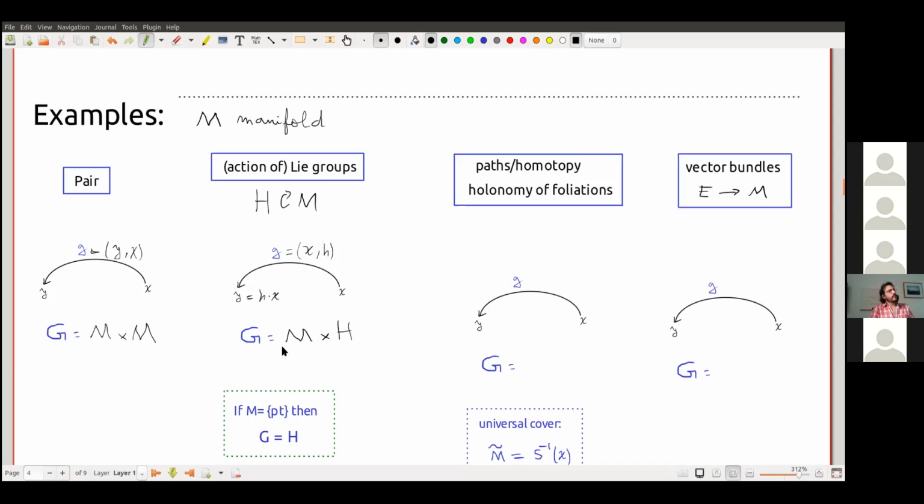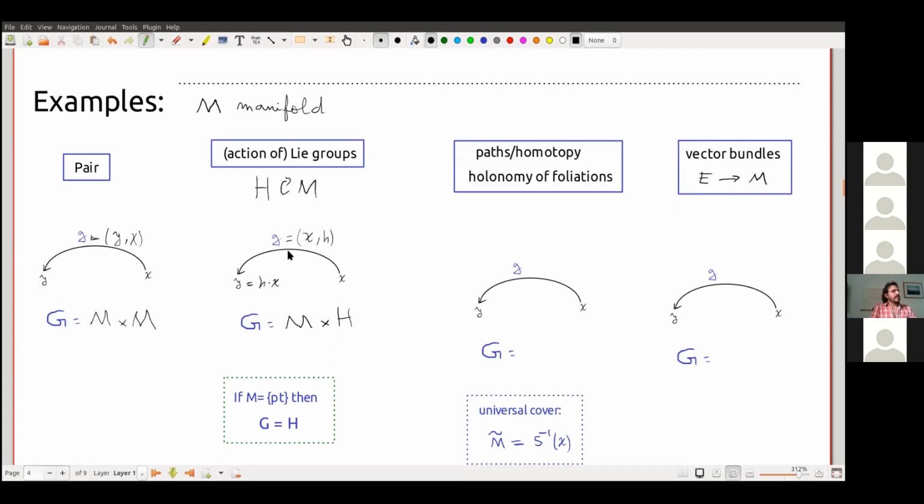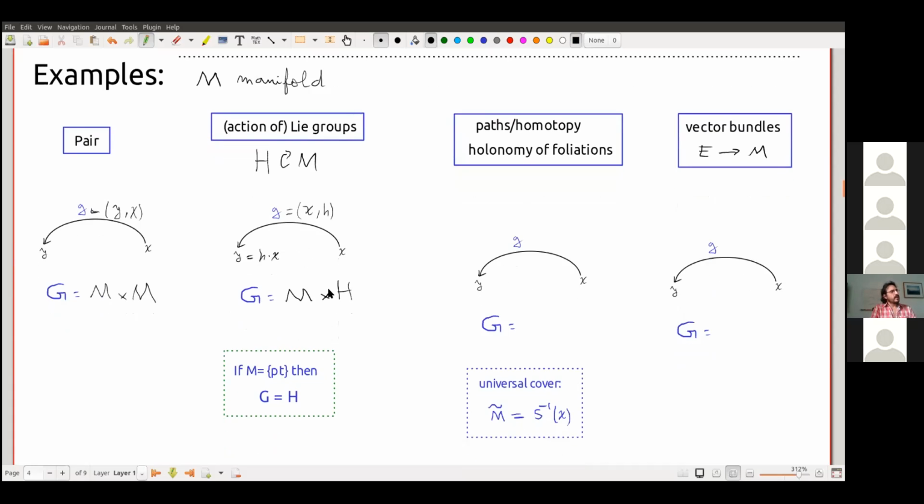And of course, the equivalence relation induced on M are the usual orbits, and the isotropies are the usual isotropies, and so on. And here we can see how Lie groups are particular cases of groupoids. If the set M has only one point, then essentially you just have the group. And so it's an abstract way of seeing elements of any group as isotropies of an abstract element here.